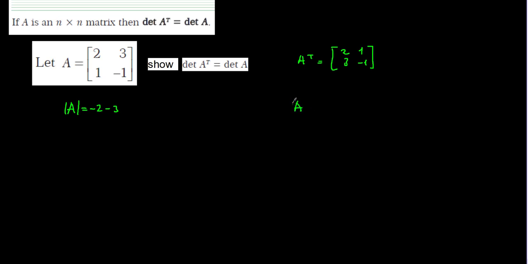The result was 5. And for the determinant of the transpose of A, 2 times minus 1 is equal to minus 2 again, and 3 times 1 is equal to 3, minus 3, and as you see, it's equal to 5. And we can prove the determinant of the transpose is equal to the determinant of A.